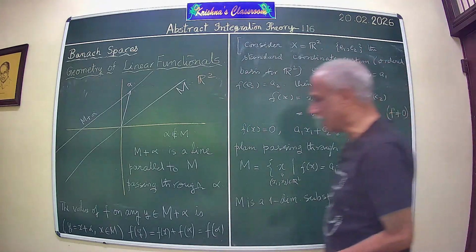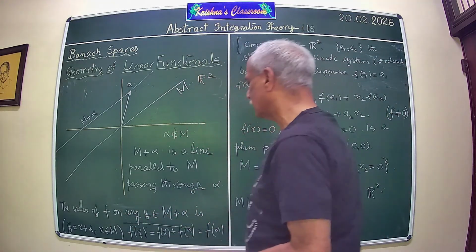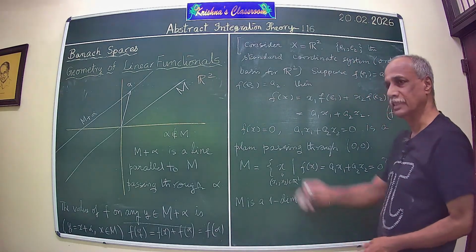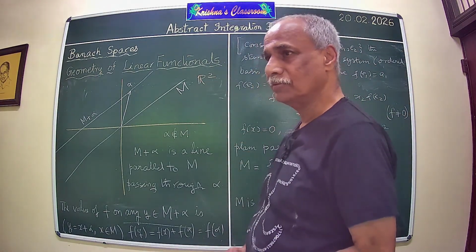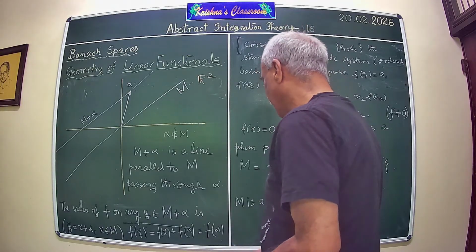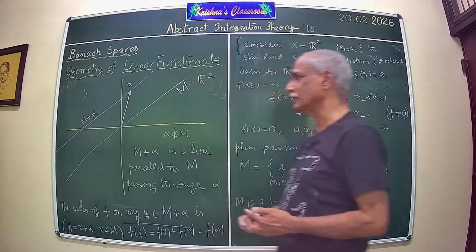So for any y belonging to M plus alpha, that is the line parallel to M, the value of f is given by a constant.